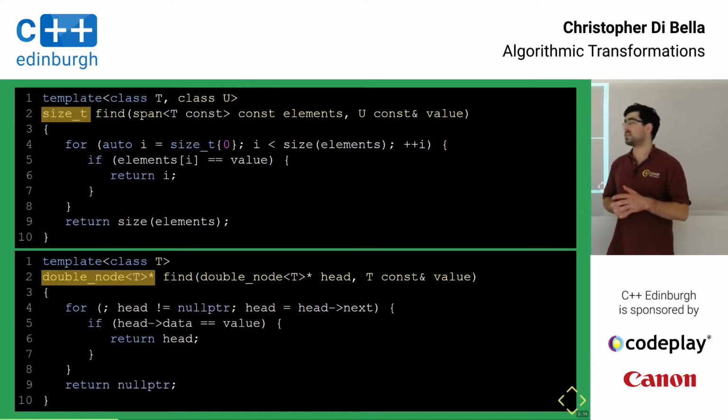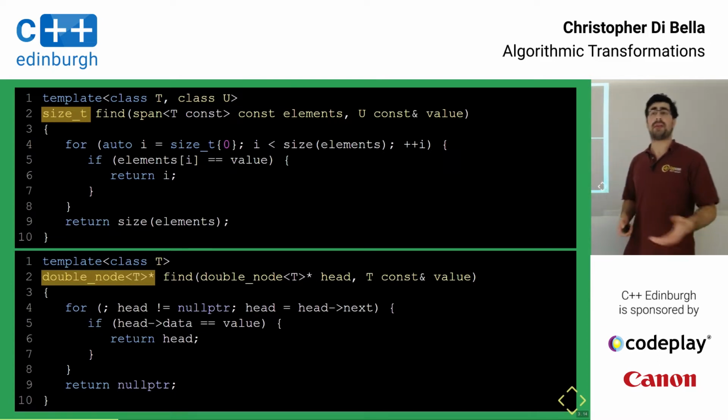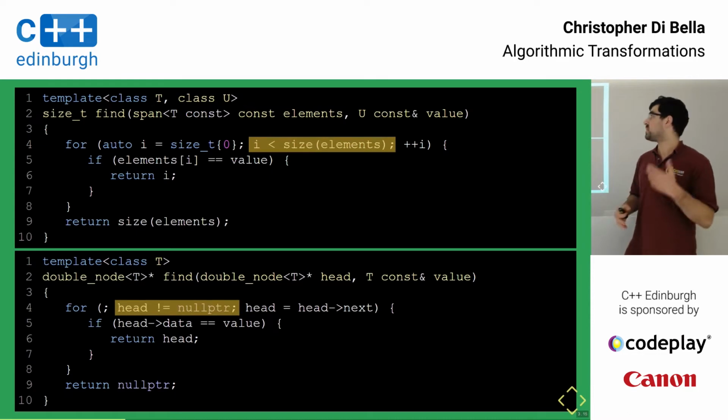We have a find function. We've got two overloads here, one for span because I'm not going to talk about any of the other contiguous memory ones, and the linked list one because that's really the more important one as opposed to deque. So what we're doing is we have a return type which gives us some predefined information, and we're going to consistently look through that sequence of elements until we reach some sort of pre-agreed stopping point.